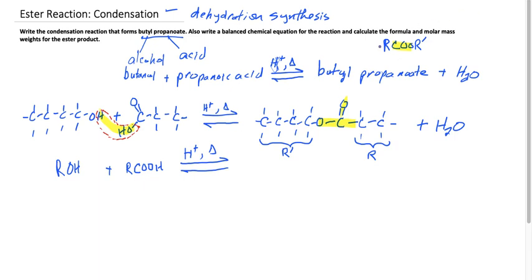So don't let this confuse you. A lot of times if you look in a textbook or online, this part is written on this side and this part is written on this side. What I have found over the years is it can be a little confusing when you first learn this stuff, when you see things written in a different order. When you look at the name, the alcohol comes first in the name, and then we use the acid part.